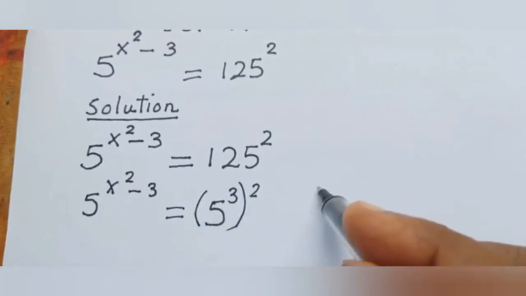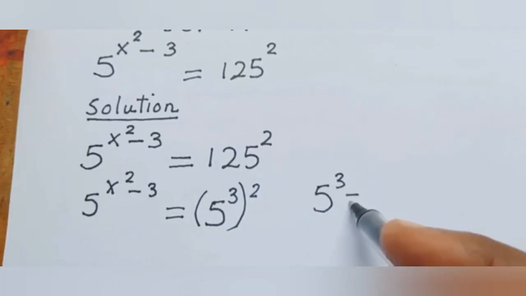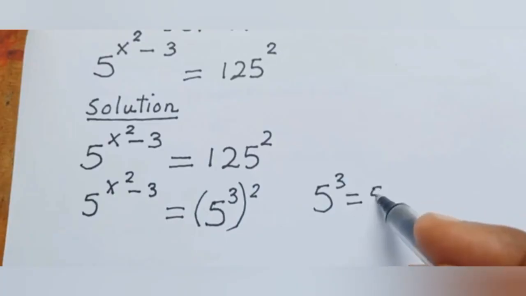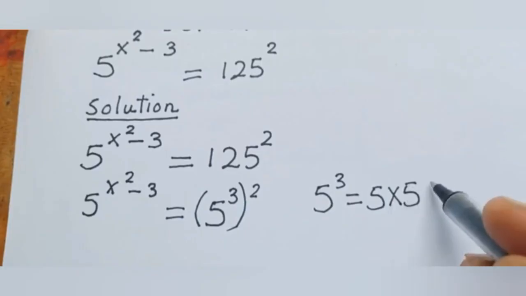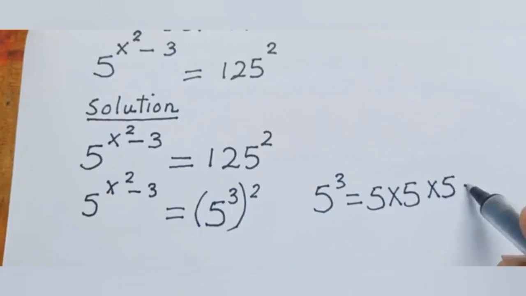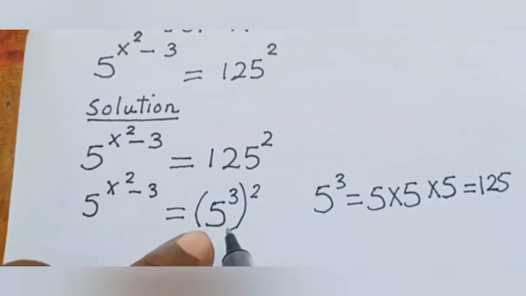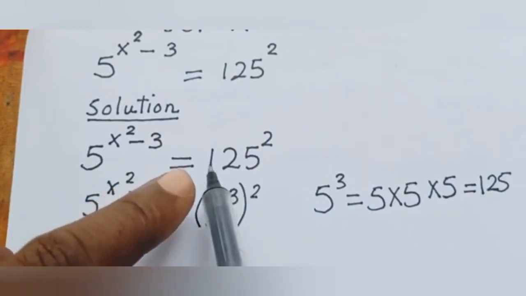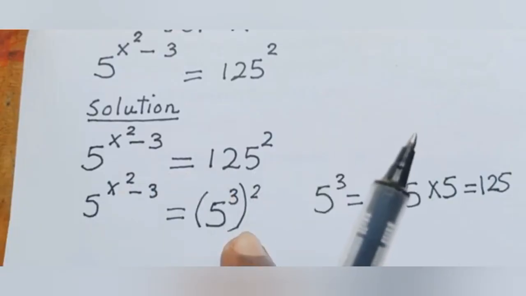We know 5 raised to 3 is equal to 5 times 5 times 5, which is equal to 125. So that's why here we have written 5 raised to power 3, which is equal to 125.